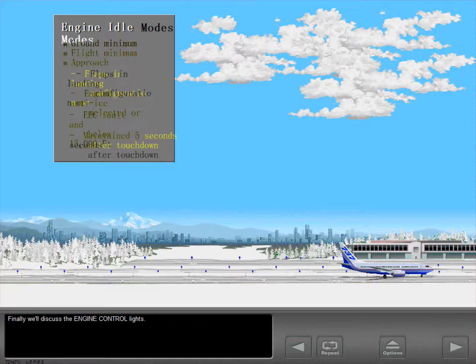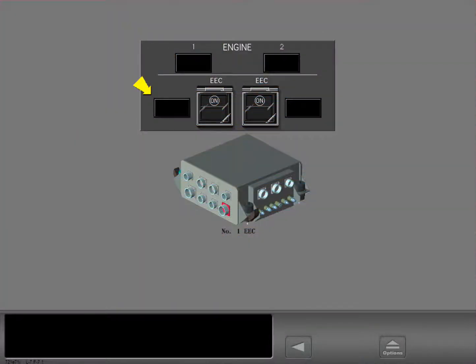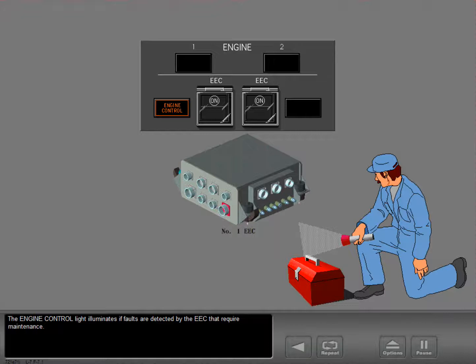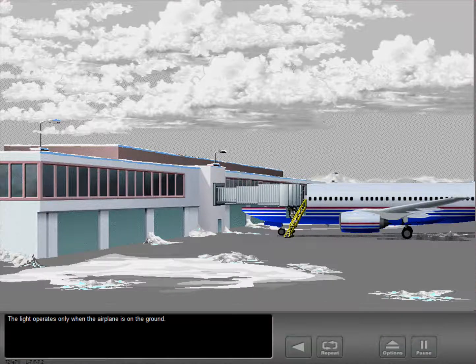Finally, we'll discuss the engine control lights. The engine control light illuminates if faults are detected by the EEC that require maintenance. The light operates only when the airplane is on the ground.